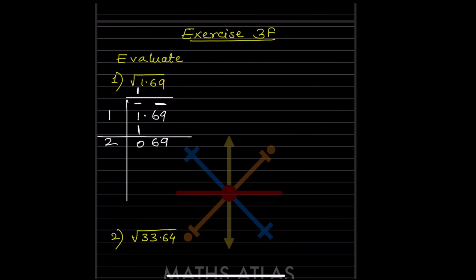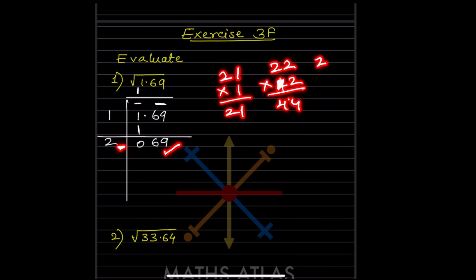First, don't think about the decimal. Now see, here is 9 and you want one number here. So what can it be? 21 into 1 is 21. 22 into 2 is 44. 23 into 3. Because this is 9, we can also think, see here, 3 square will be 9, and 7 square is going to be 49.